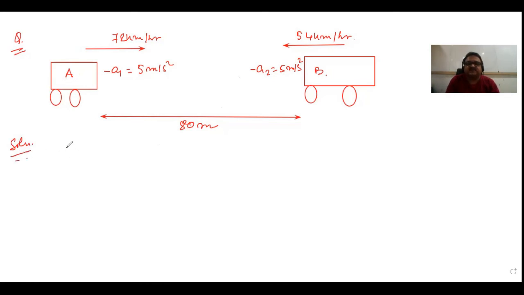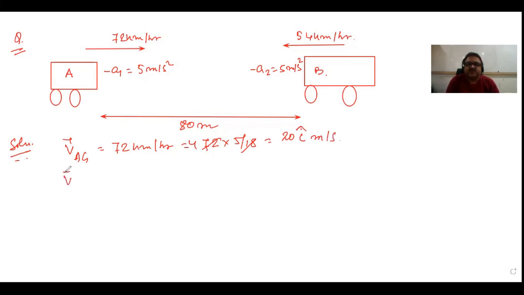Velocity of A with respect to ground is 72 km per hour. So let's do the calculation: 72 into 5 by 18, that is 20, moving along the positive x-axis, so 20 i cap meter per second.